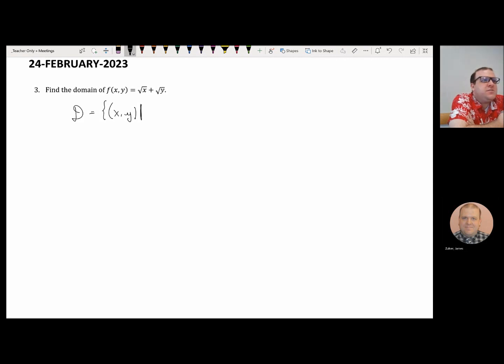Well, there's no logs, so we don't have to worry about that. There's no trig. All we have is square roots. What has to be true for square roots? Can't be a negative. It has to be non-negative, right? So there's a domain.